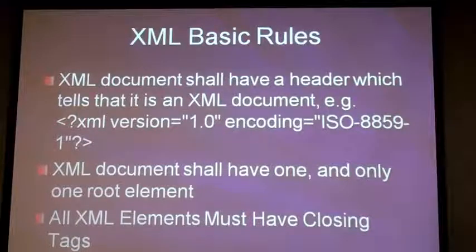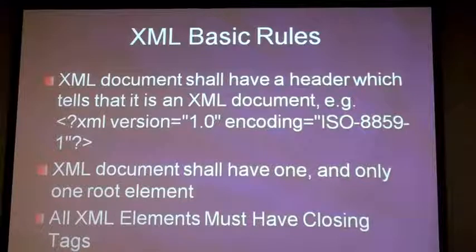If it's not the case, then this document is not good. So the very first line, very first column character should be an angle bracket. After that, you should have this question mark and then xml, no spaces, and then a space and version. You specify the version of XML.